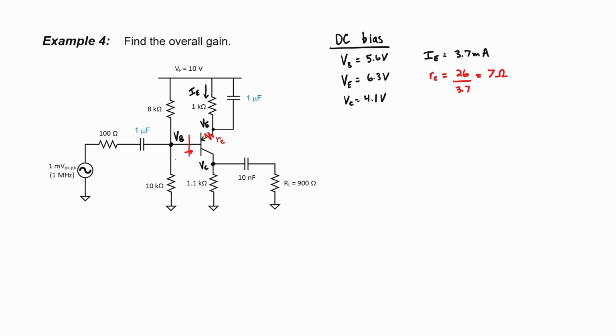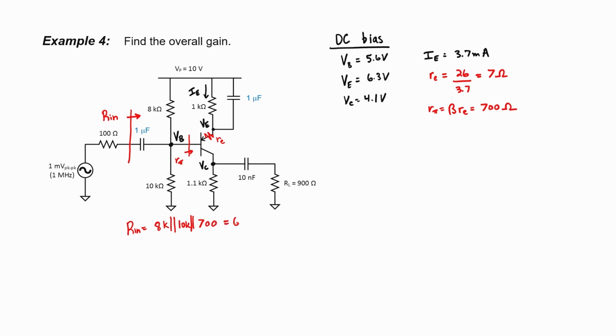If we want to know our impedance looking into the base of a transistor, r pi, we can just take re and multiply it times beta. We can't neglect r pi this time because the number is too low, so let's recalculate our input resistance. It is going to be 8 kiloohms from this branch up here in parallel with the 10 kiloohm branch down here, and that's going to be in parallel with r pi, which in this case is too small to neglect.